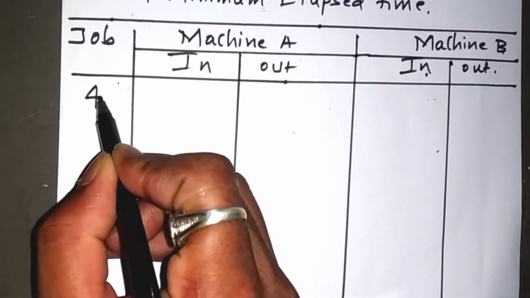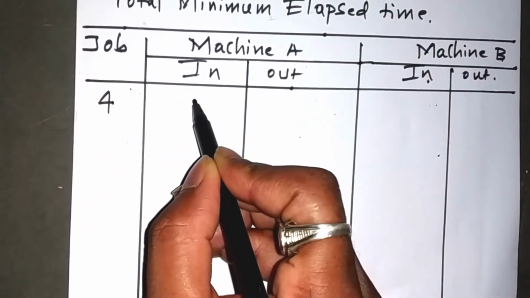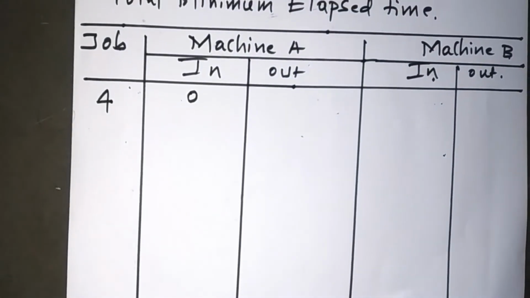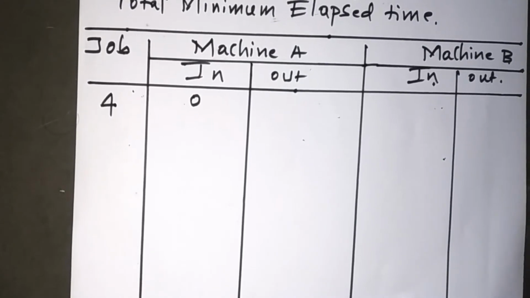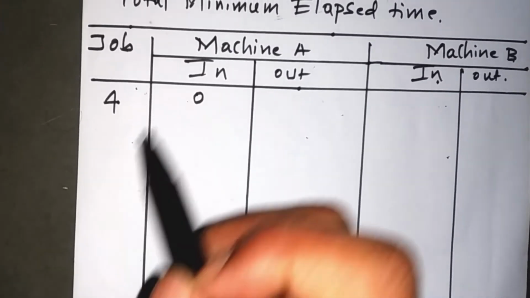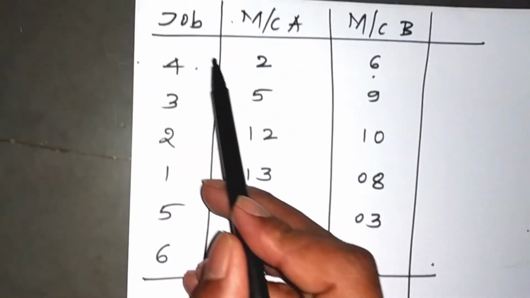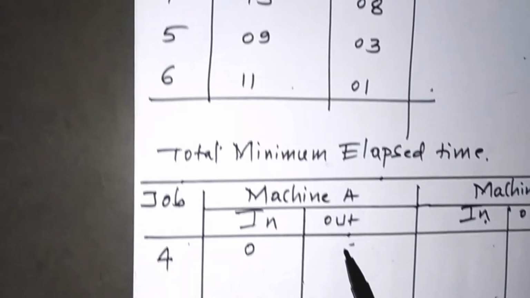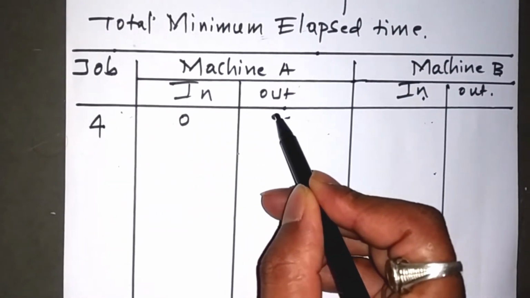So the fourth job on machine A will enter at 0 time, and we'll see how much time it is required to process on machine A. So from the table, the fourth job on machine A will take 2 minutes, means the total time is 2 minutes.